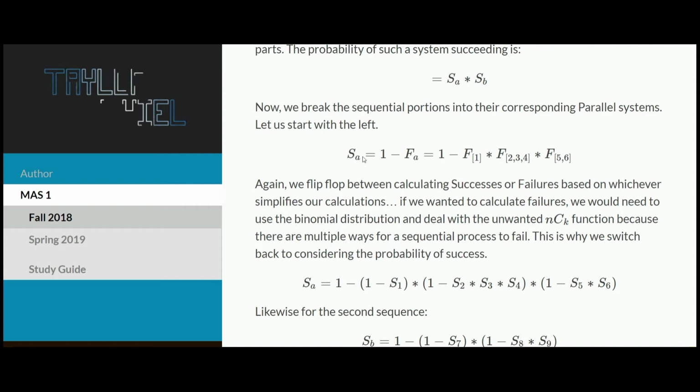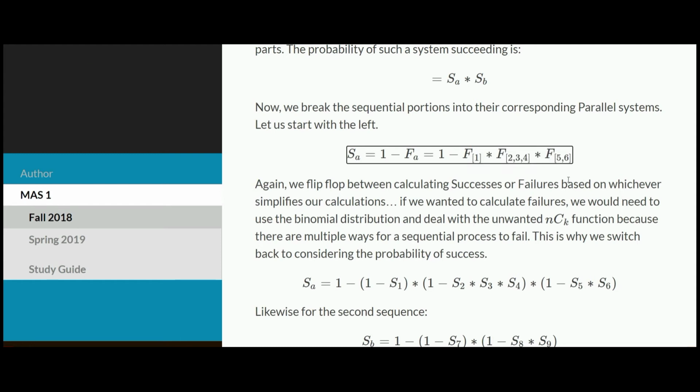Sorry, not system A, this is the probability that subsection A succeeds. That is equivalent to 1 minus the probability that it fails, which is the product of all of those individual failures.